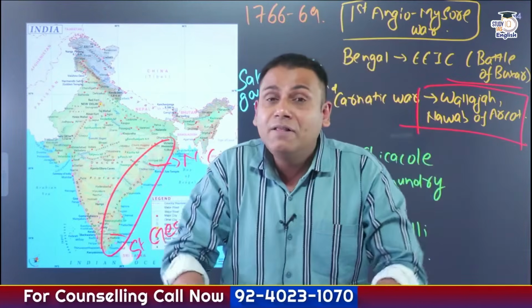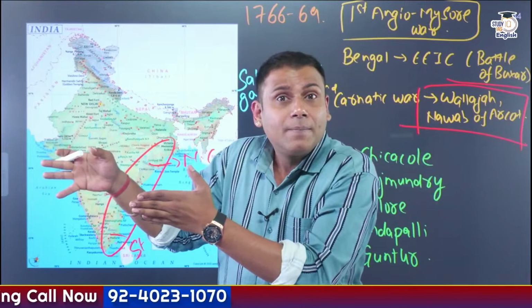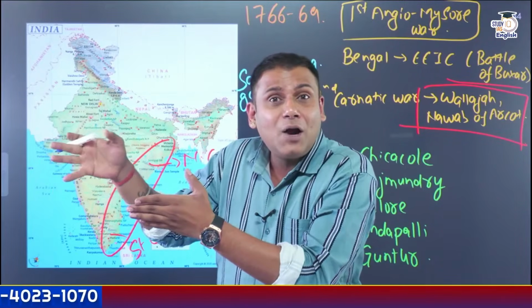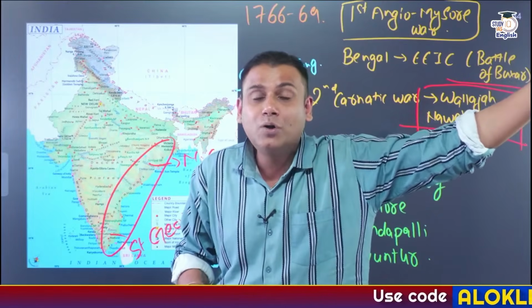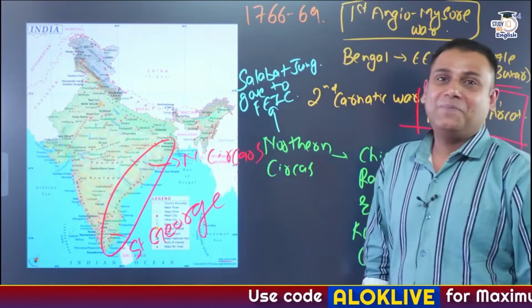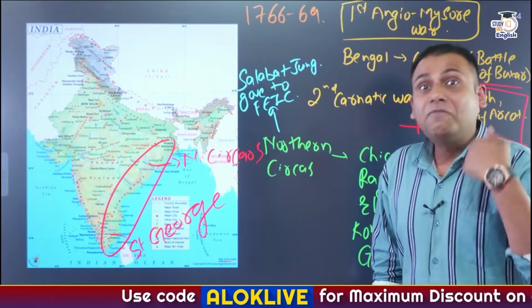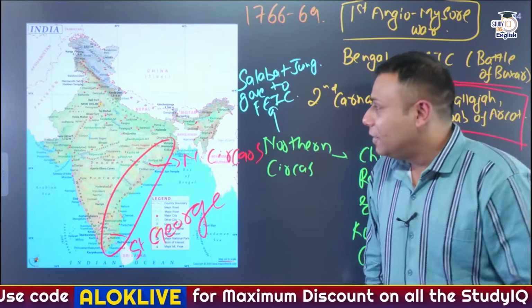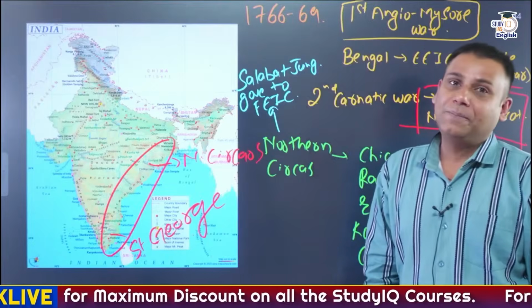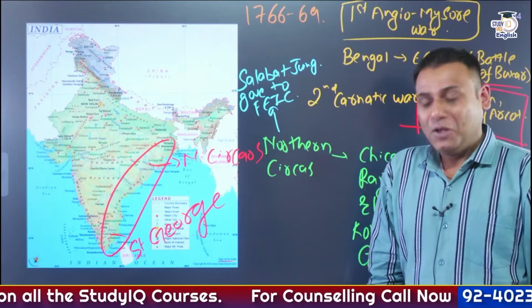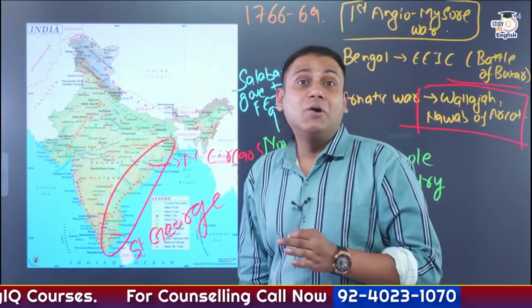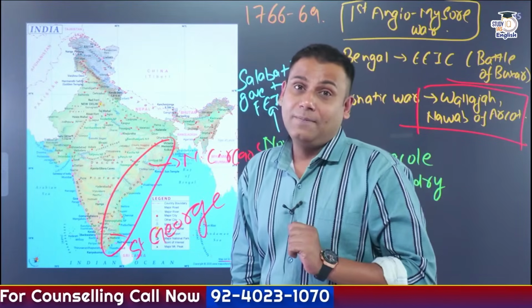Why had he given this region to the French East India Company? Because during the Second Anglo-Carnatic War, the French East India Company had helped Salabat Jung. And in return for this help, he had given the region of Northern Sarkars. So the major bone of contention here was Northern Sarkars.